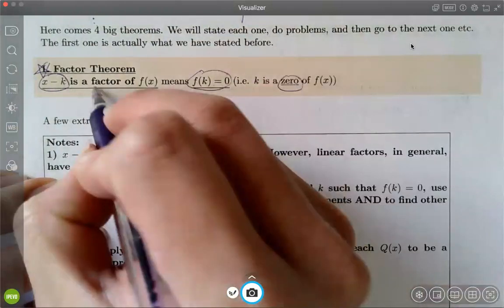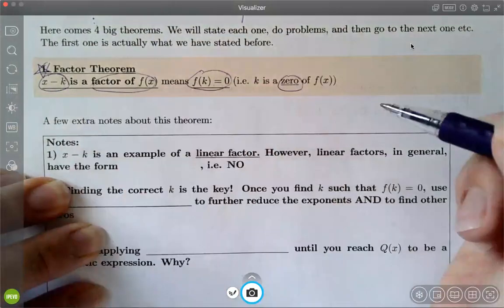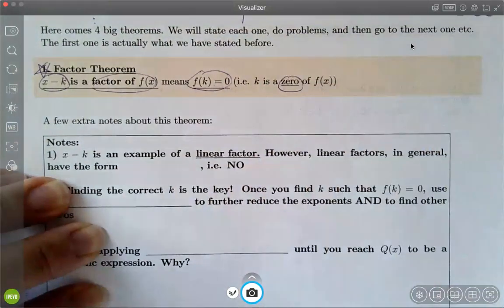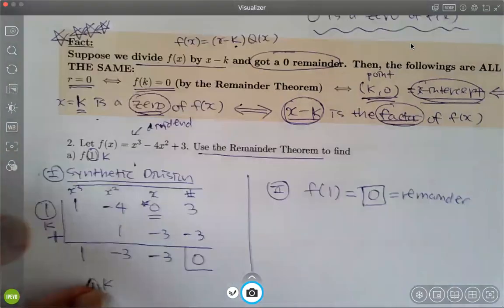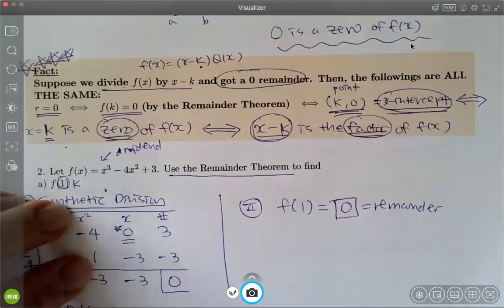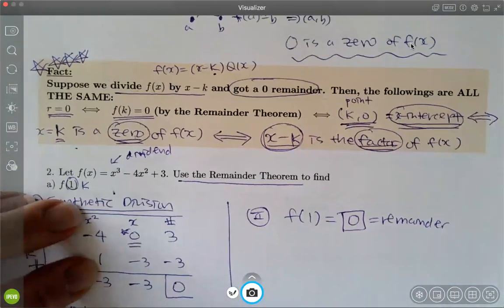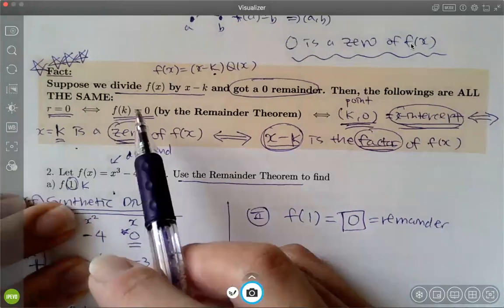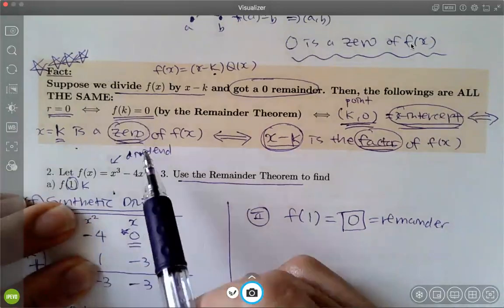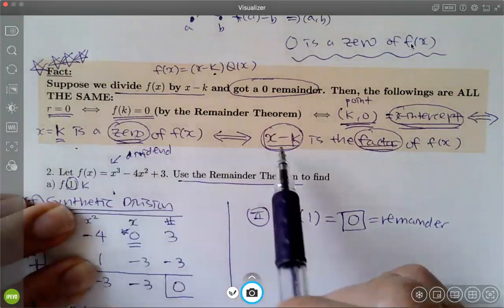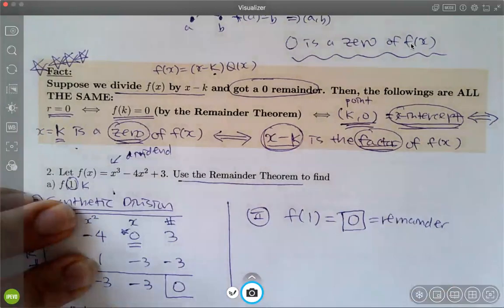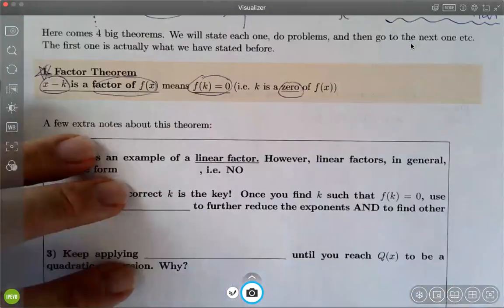Remember, this is actually what we stated at the end of section 3.2 last time. In that big box of several important facts, I said k is a 0 of f of x, and that's the same thing as x minus k being a factor. So it's nothing new.